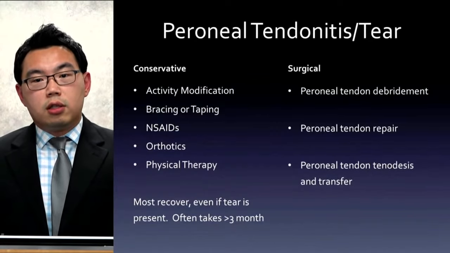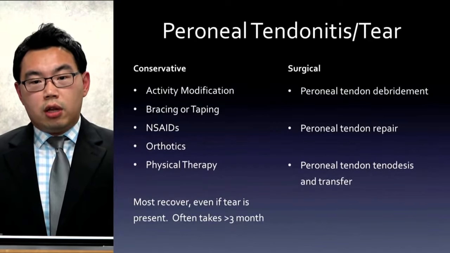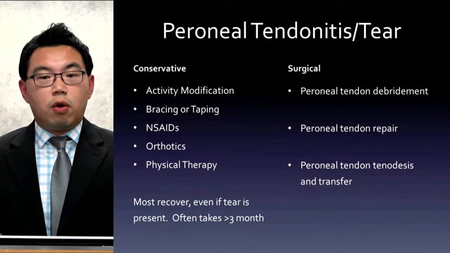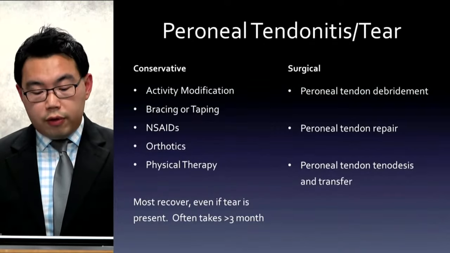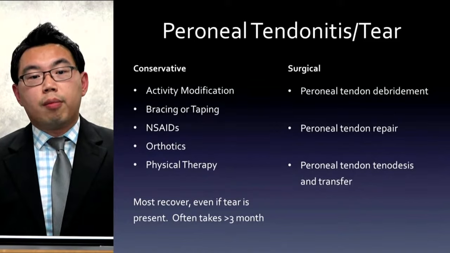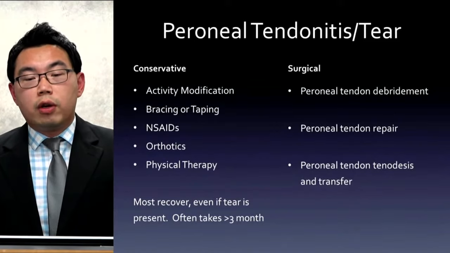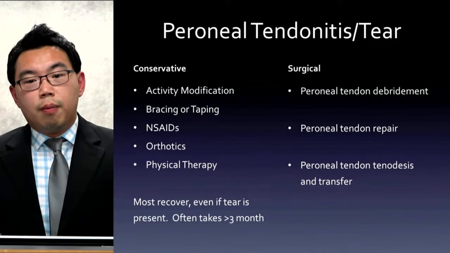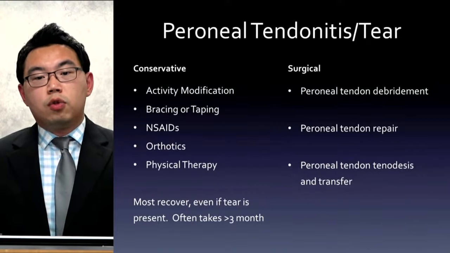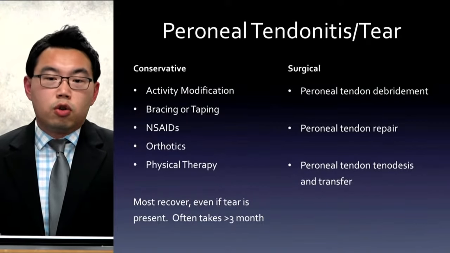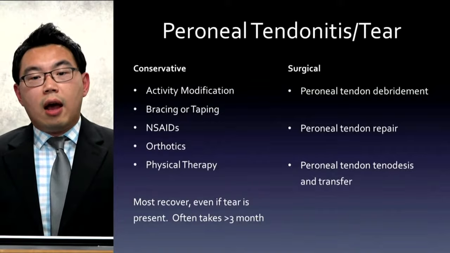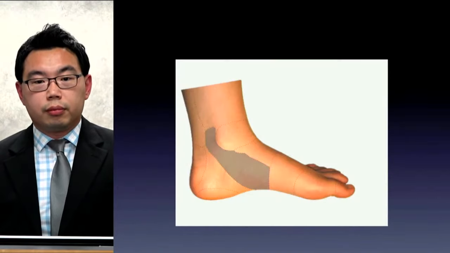If the tear is small, then we can sometimes repair. If there is just general inflammation without a tear, then we can take away the inflammation by debriding away the scar and irritated tissues around the tendon. But if the tear is severe enough, sometimes we have to utilize another tendon to transfer to this tendon and allow it to do its job.